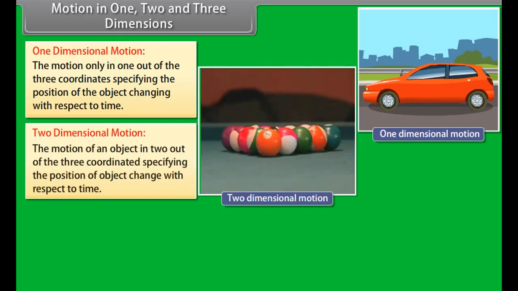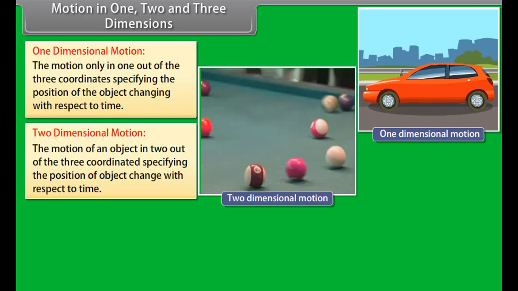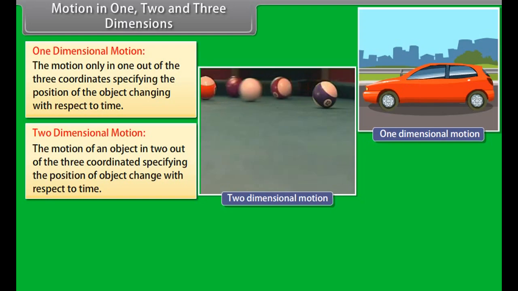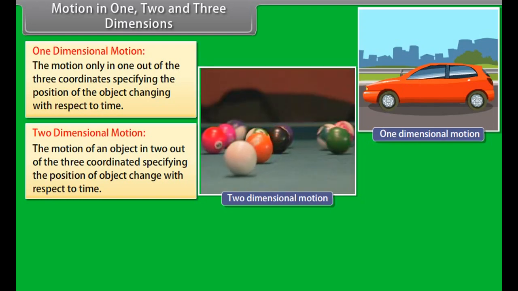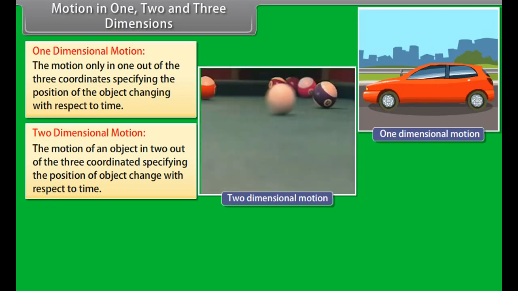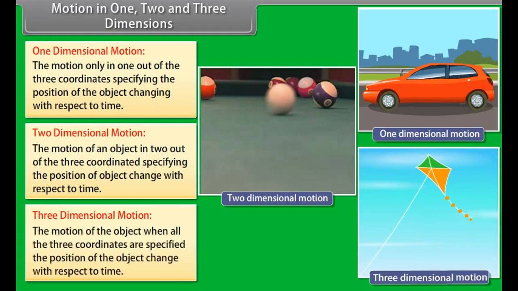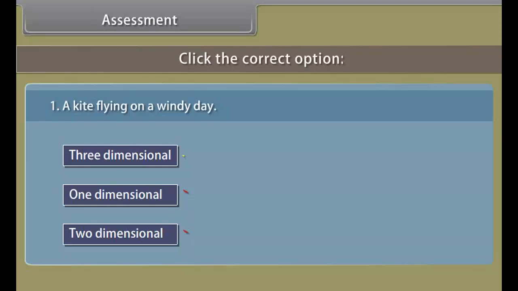The motion of an object in which 2 out of 3 coordinates specifying the position of the object change with respect to time. Example: a billiard ball moving over a billiard table. Three-dimensional motion. The motion of an object when all the 3 coordinates specifying the position of the object change with respect to time. Example: a kite flying on a windy day.